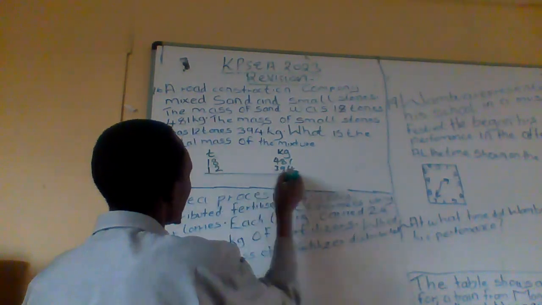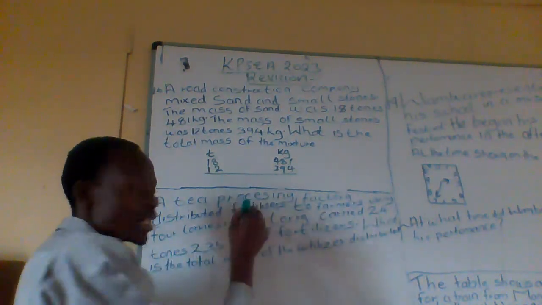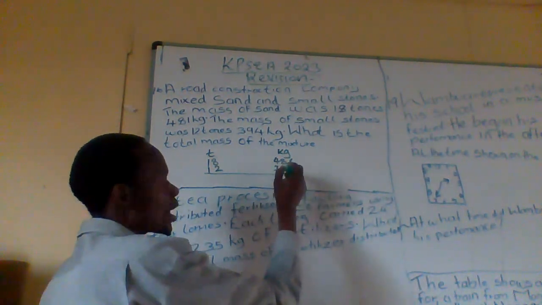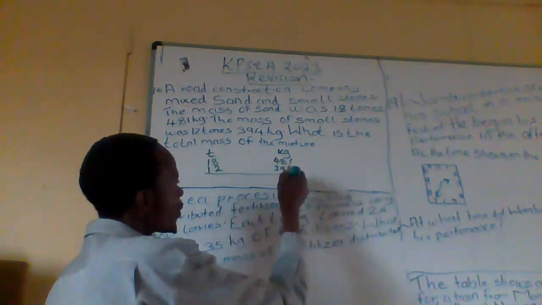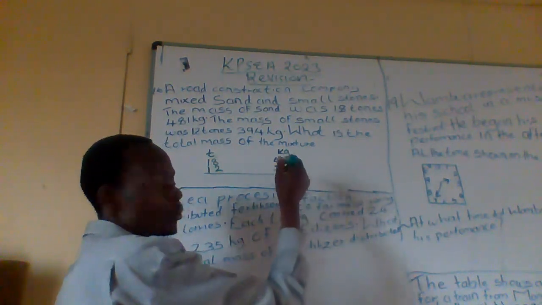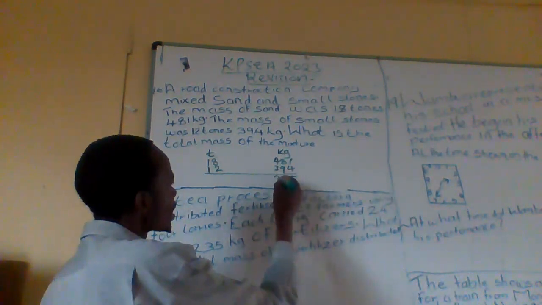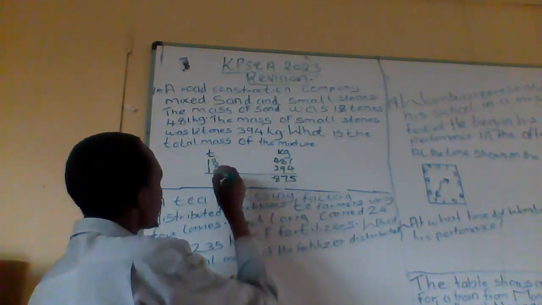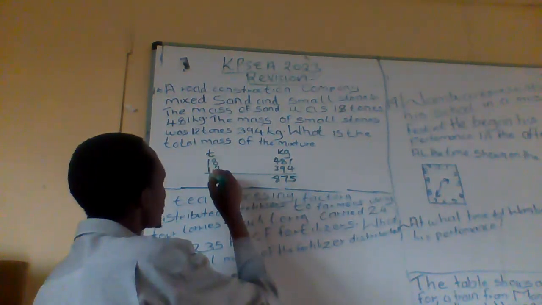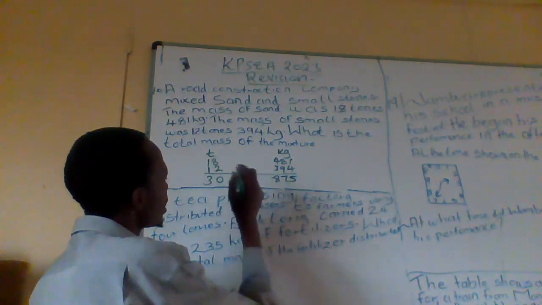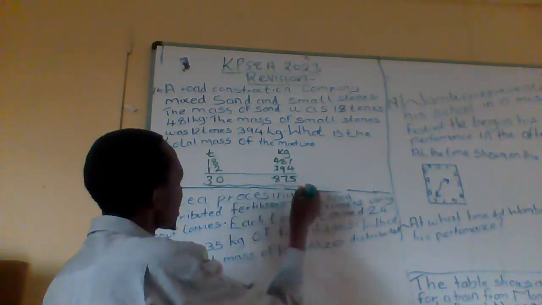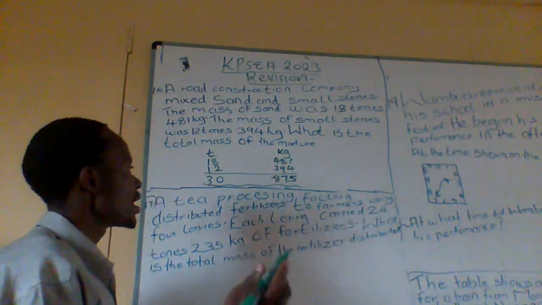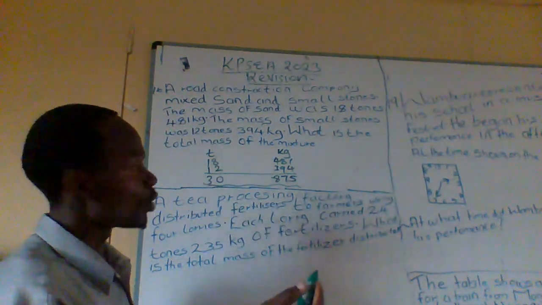Once you get there, now you start adding. 1 plus 4 is 5, 8 plus 9 is 17, carry 1, 4 plus 3, 7 plus 1 carried is 8, and then 8 plus 2 is 10, carry 1, 1 plus 1 is 2, plus 1 carried is 3. Now you find out that our answer is arriving at 30 tons 875 kilograms.